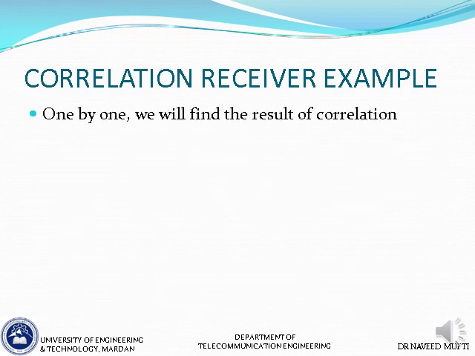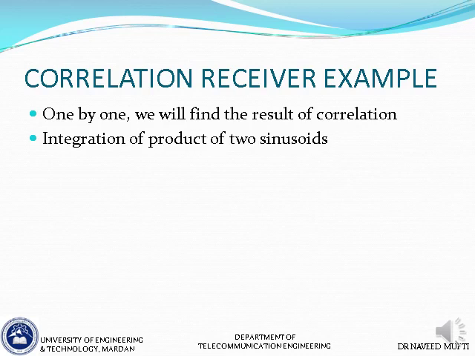So the procedure is that one by one we will find the result of correlation. We will do it one at a time. As we have seen on the previous slide, it is nothing but an integration of the product of two sinusoids, and integration or differentiation of sinusoids is never really an issue, because we know that sinusoids have the property that their integrals are sinusoids and their derivatives are also sinusoids.